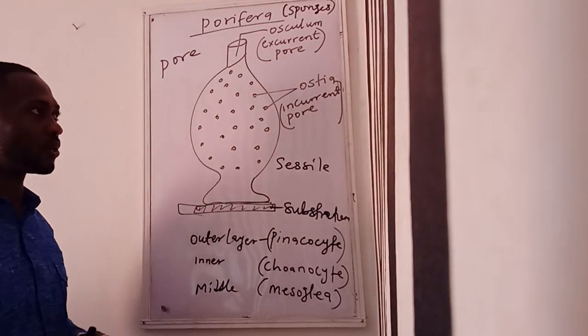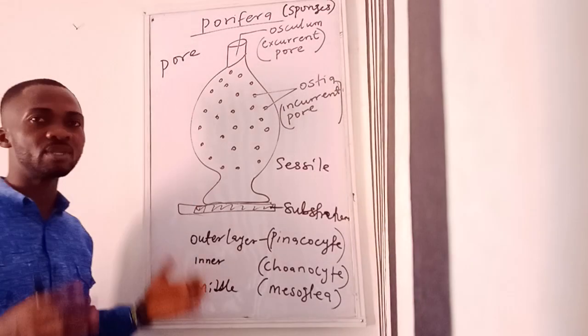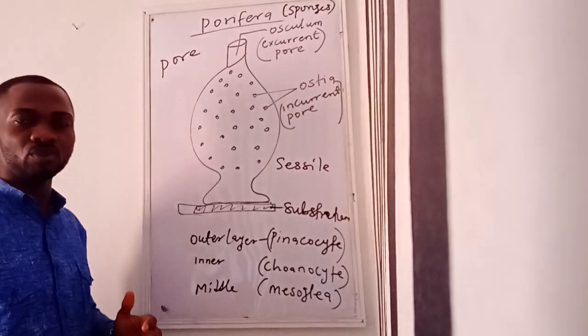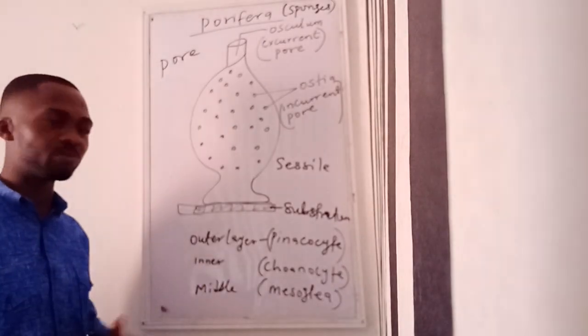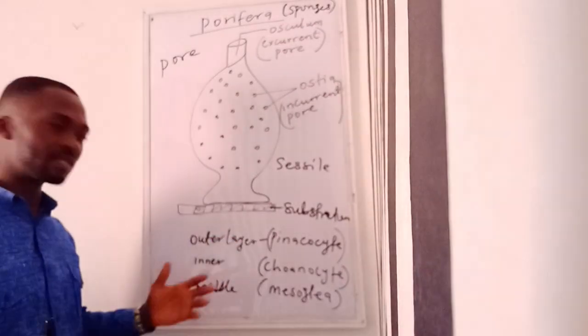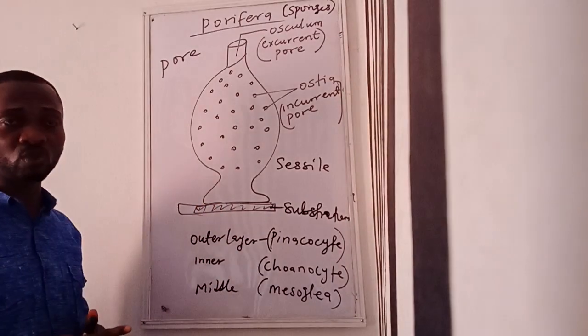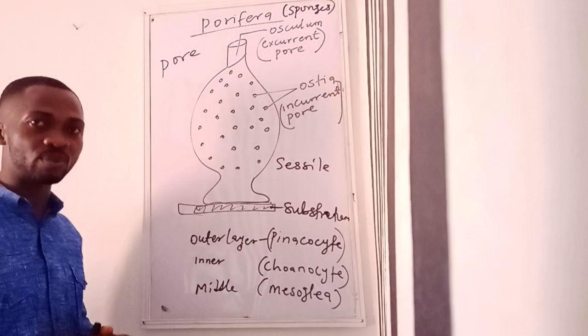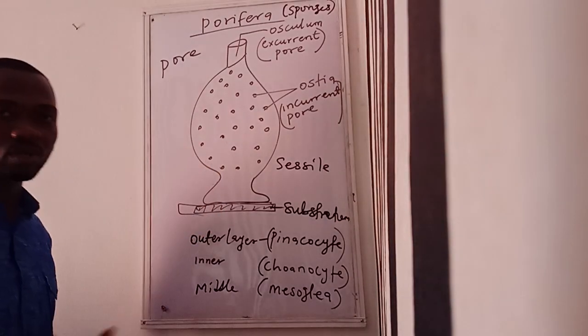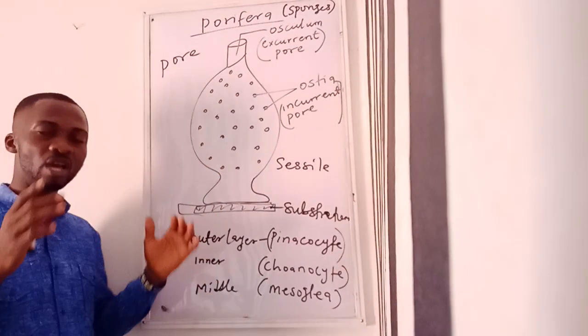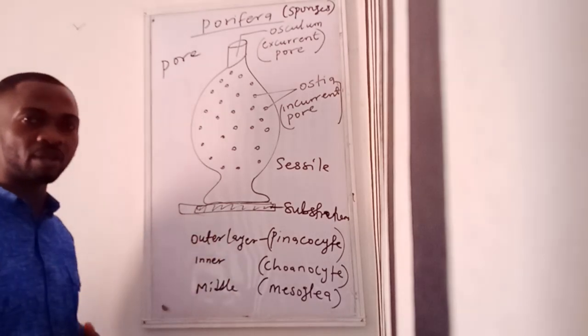It is also important you understand that this organism is multicellular. When we discussed protozoa, we talked about the fact that protozoa is unicellular, in the sense that all the organelles are confined within a single cell. But in this case, this organism is multicellular.